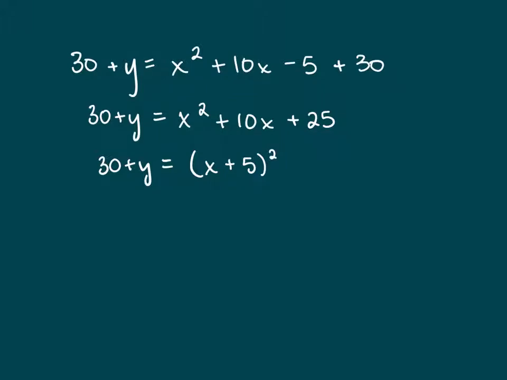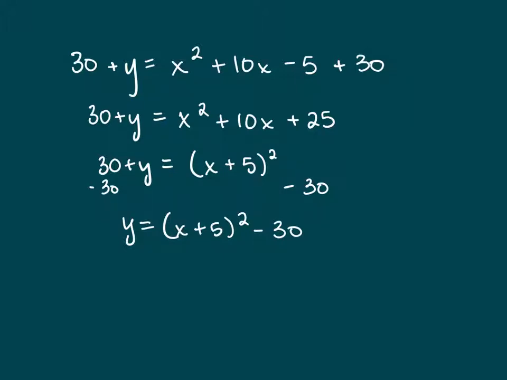squared. Now, we have 30 plus y over on the left side, and whenever we write our equations, we want them to just be y, so we're going to subtract 30. So now I have y equals x plus 5 squared minus 30.